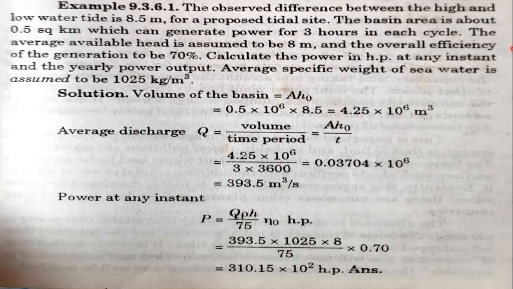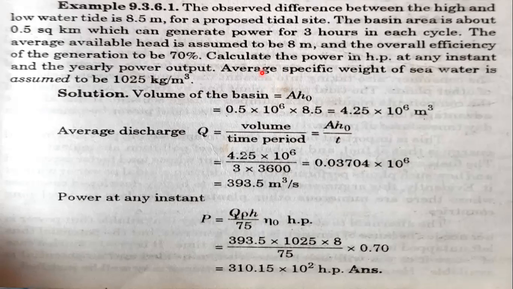The average available head is assumed to be 8 meters and the overall efficiency of the generation will be 70%. Now calculate the power in HP at any instant and the yearly power output. The average specific weight of the sea water is assumed to be 1025 kg per cubic meter. This is the value of rho.